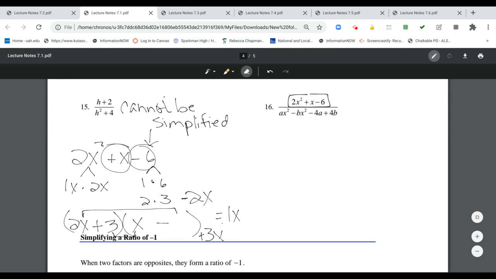So we don't use 1 and 3. We have to use 2 and 3. 1 times 6 is 6, and 2 times 3 is 6. So I kind of mixed and matched my factors, but it didn't multiply up. So let's try again. So I'm going to use my 1x and 2x as my factors of ax squared. I'm going to use my 2 and my 3 as factors of 6.